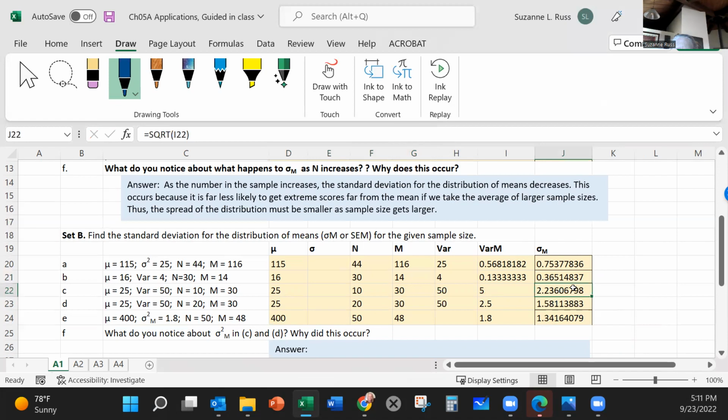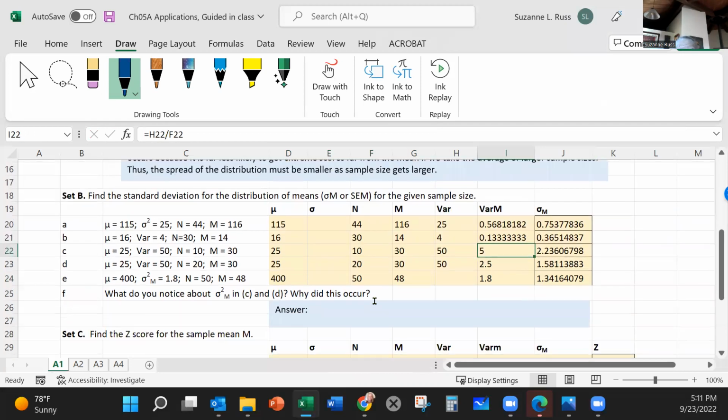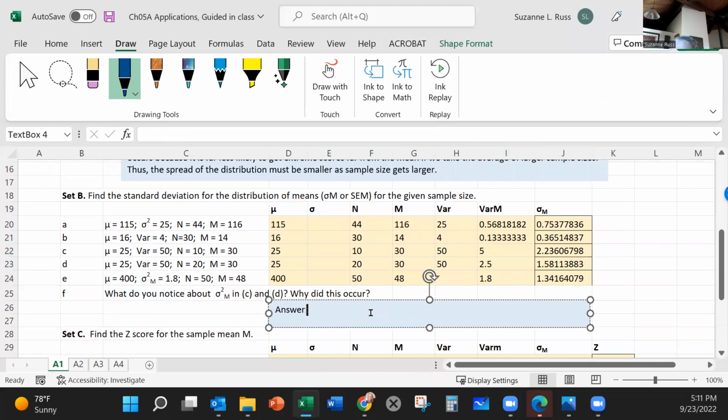So what I notice about the variance for the distribution of means is that this one is exactly half of this one. So the variance for the distribution of means in D is exactly half of the variance for the distribution of means in C. So I guess I'll observe that and write it down.